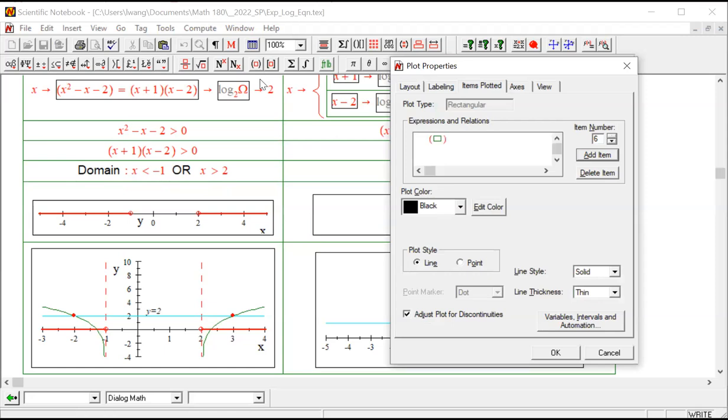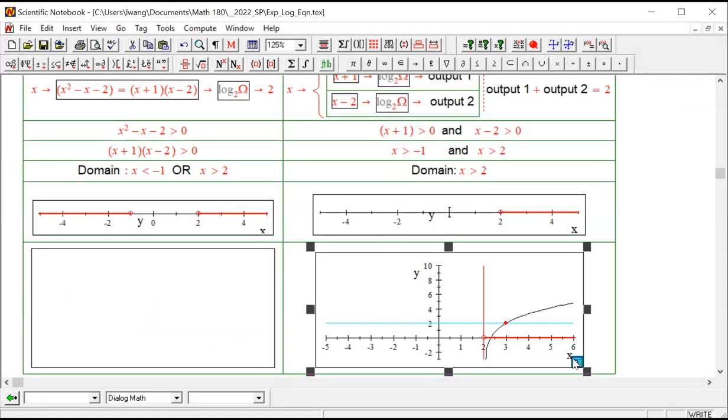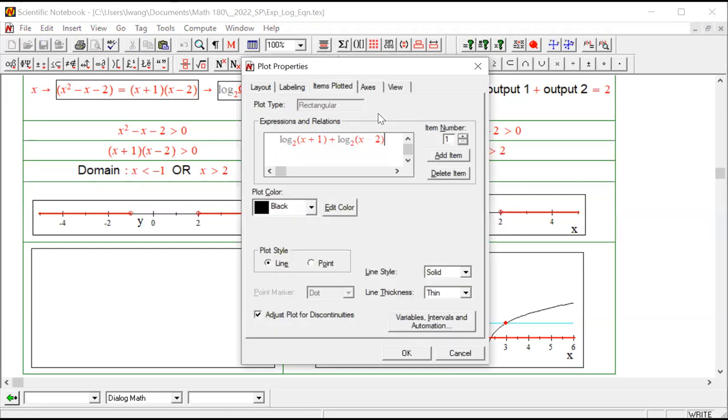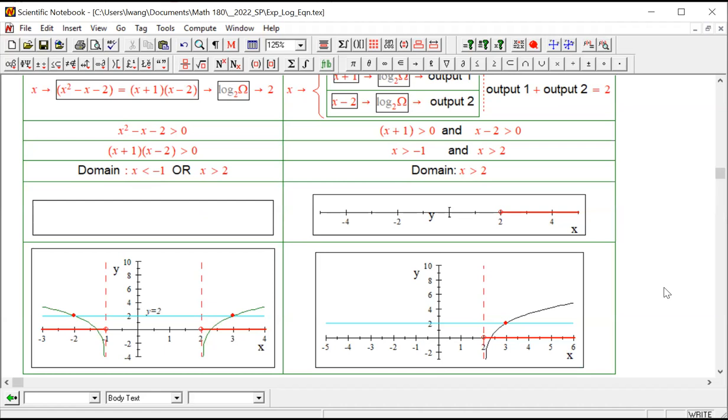I'm going to put it here, with a broken line. You see, this comparison is very complete.